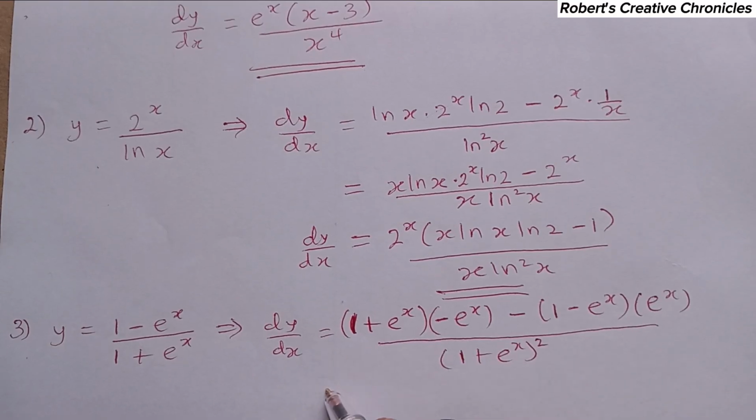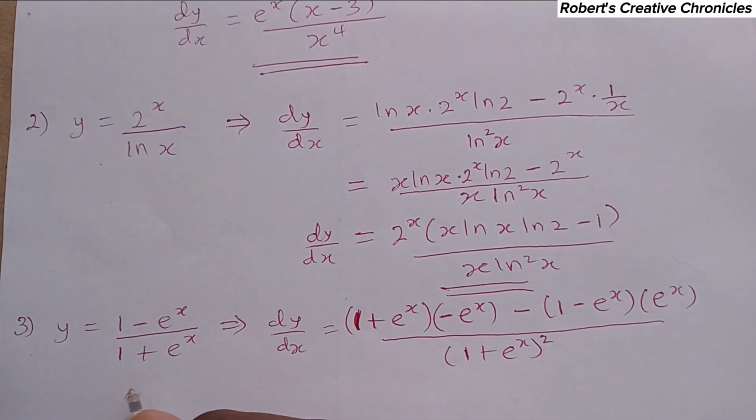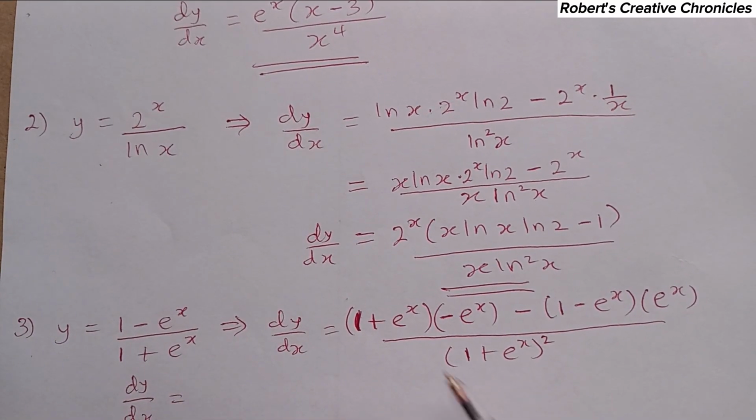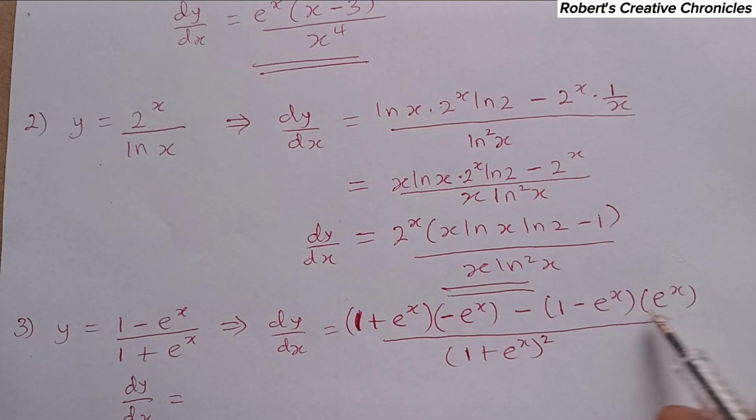So now dy/dx is equal to what? We'll factorize negative exponential x since it's common here and here.